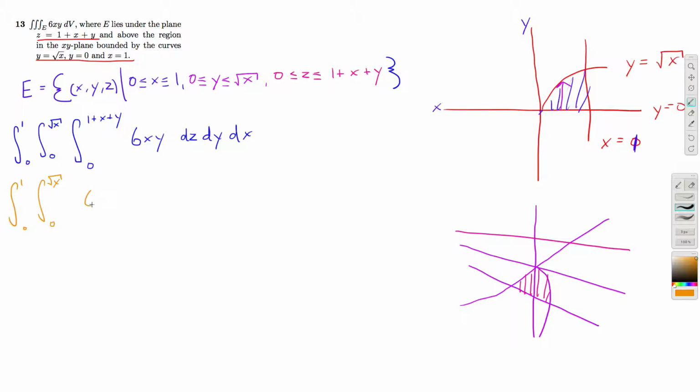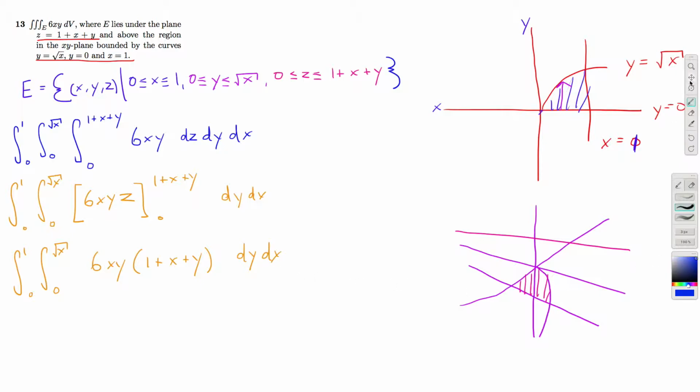It's just going to be 6xyz between 1 plus x plus y and 0, dy dx. We sub in that value, 6xy times 1 plus x plus y. Don't worry about subbing in that 0, because it's just going to get 0 out.